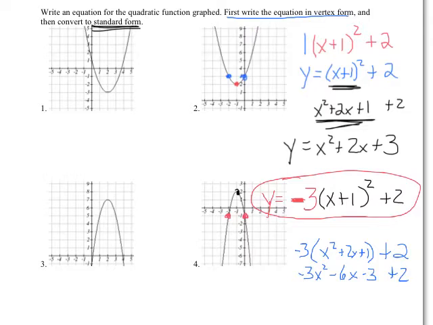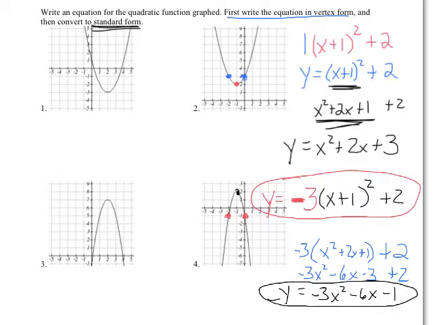Then we get our final answer as y is equal to negative 3x squared minus 6x, and then negative 3 plus 2 is negative 1. So there's our standard form. So, quick review, you find that it's shifted left 1 up 2, that it's reflected upside down, and then that it's been vertically stretched by 3.